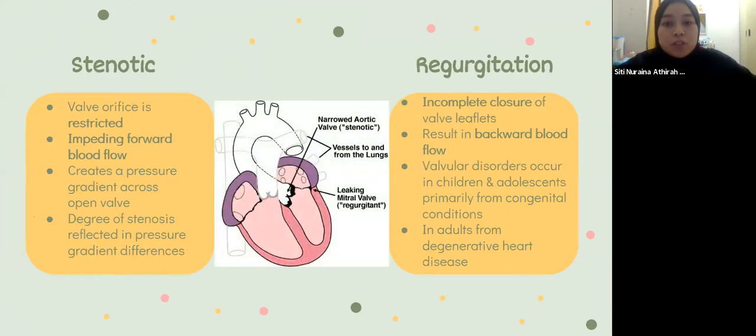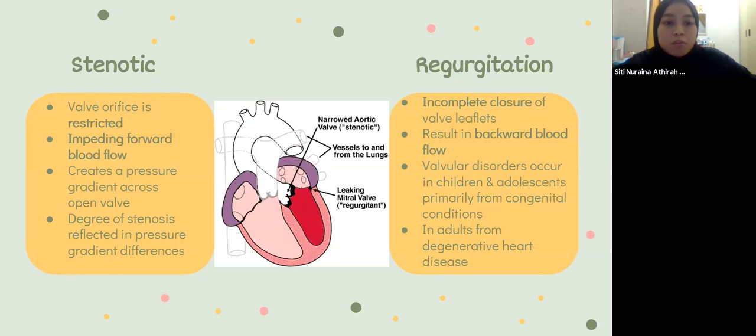So we have two types or conditions of valve dysfunction, which first is stenotic and second is regurgitation. So for stenotic, the valve orifice is restricted and the opening is narrowed due to calcification occurring at the valve leaflets, or there is some fusion if it is more severe, and it will affect the forward blood flow.